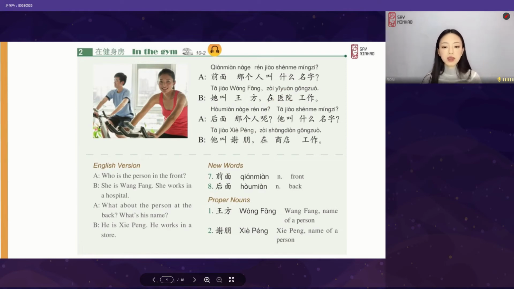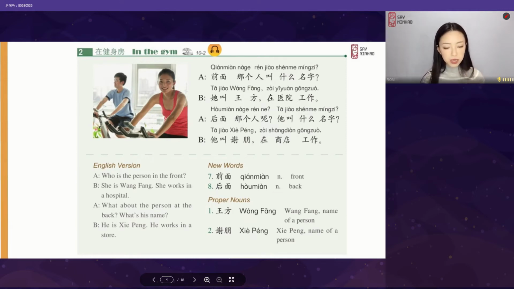Read after me. 前面那个人叫什么名字？他叫王芳，在医院工作。后面那个人呢？他叫什么名字？他叫谢鹏，在商店工作。Okay, now let's read it in rows.